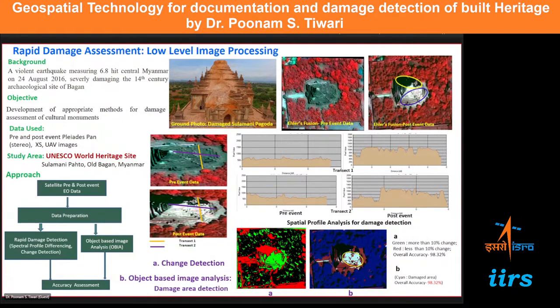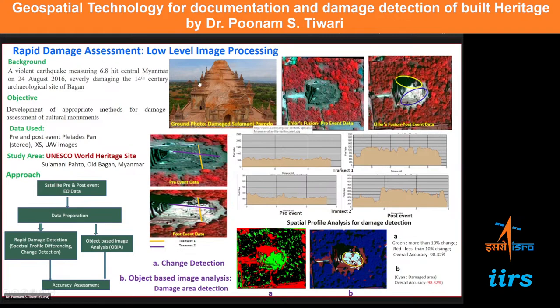Then this again is an earthquake affected area in Myanmar, the archaeological site of Bagan. Pre and post event Pleiades data was used, and we have also used multispectral and UAV images. That also I will show you. The Sulamani pagoda has been destroyed.